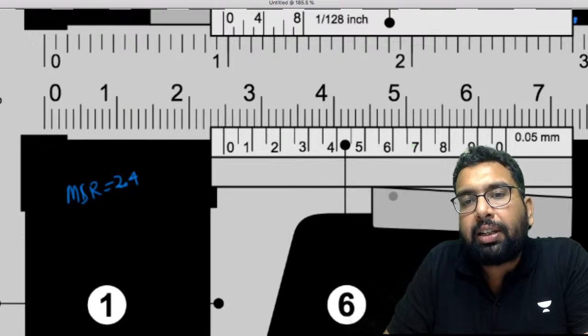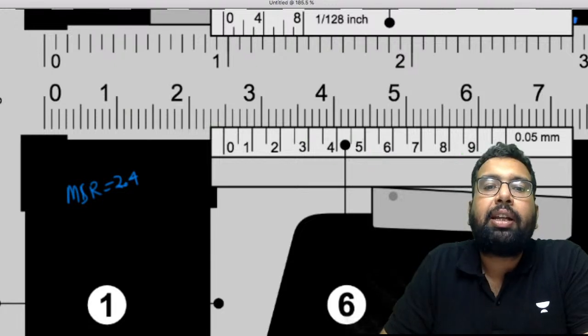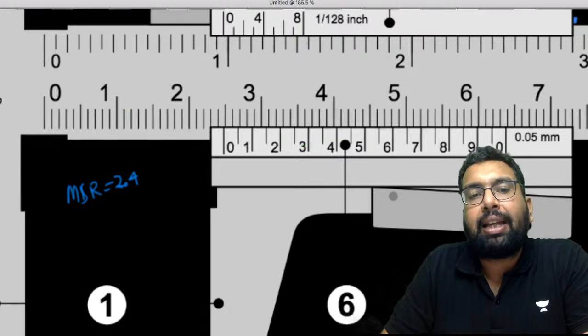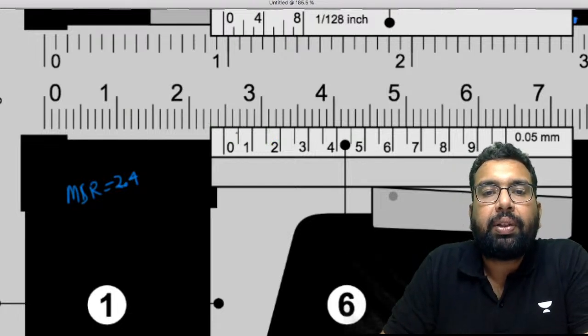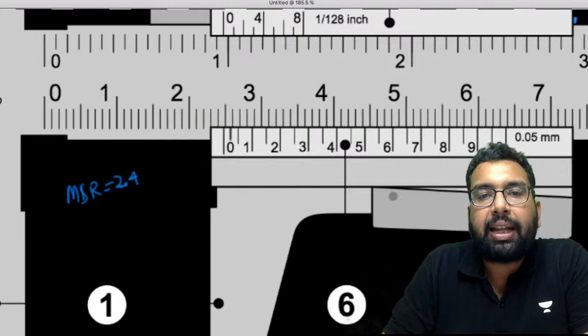This is not actually the right way of representing it, because the calibration on this Vernier scale is more than the MSD, so it is the second case. But let's suppose I make a few more. If it coincides here, like this is not coinciding, this is not coinciding, but this coincides.